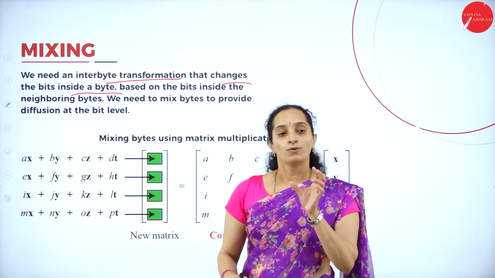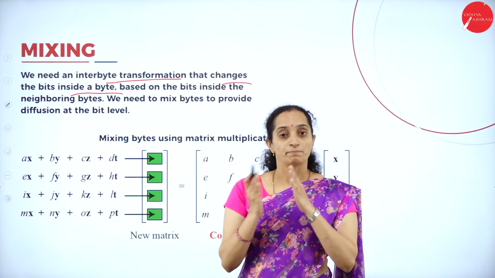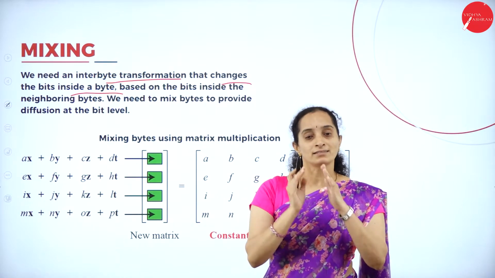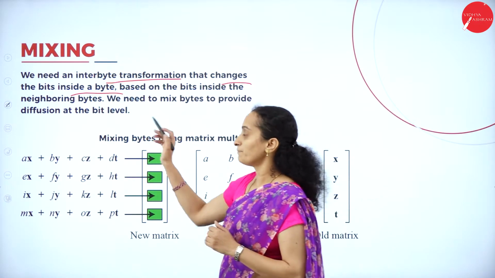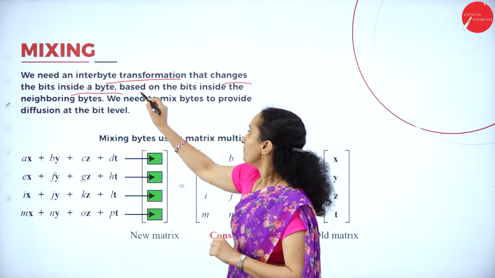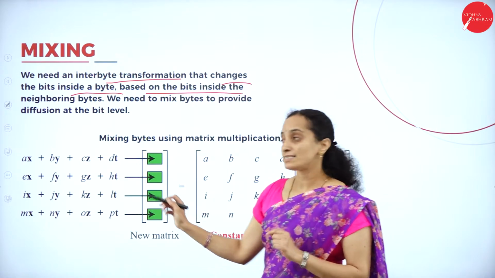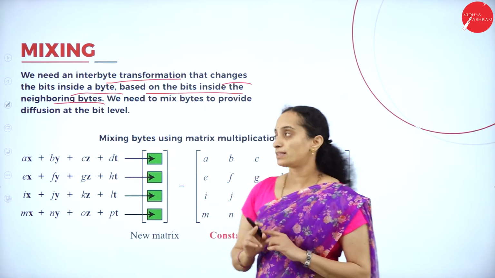Till then, only bytes are shifted and bits are transformed, but the position of the bits is intact throughout the previous procedures. So in the mixing procedure, we are changing even the position of the bits, based on the bits inside the neighboring bytes. We are using the neighboring bytes to make the shifting.